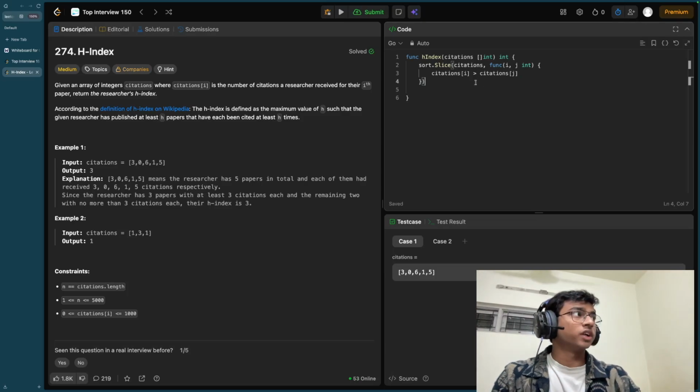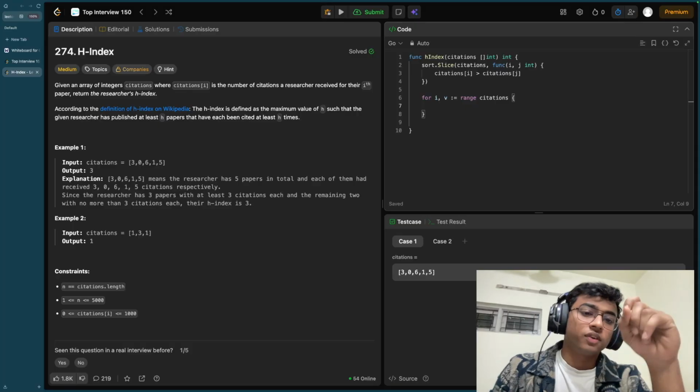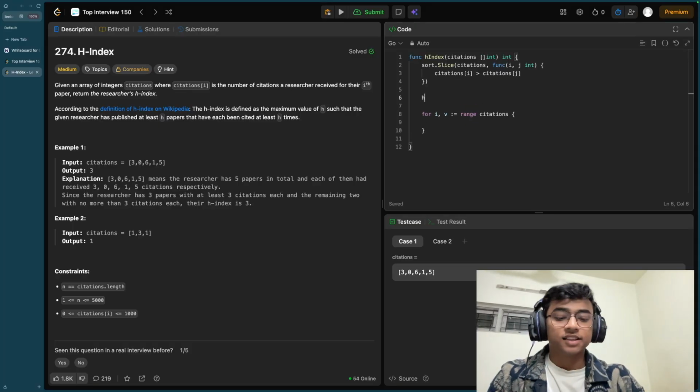So after we have sorted the array, we'll just traverse the index and value, and let's just call it v, inside of our citations. And we also have to maintain an h index actually, so let's just do that.